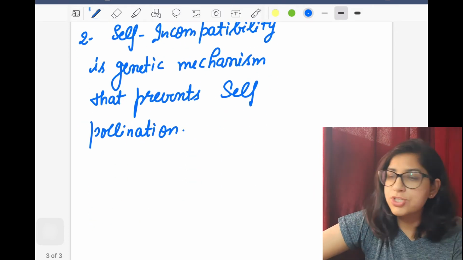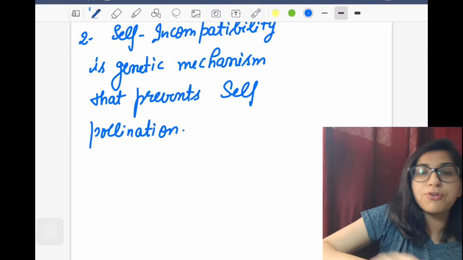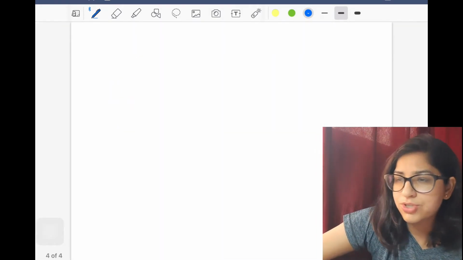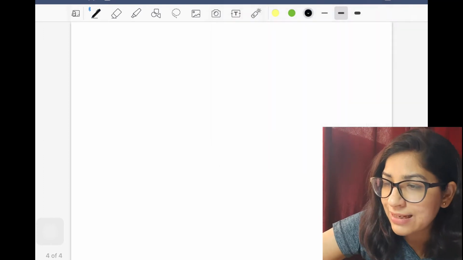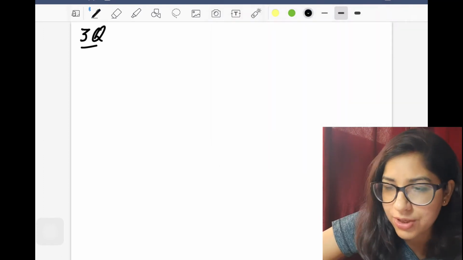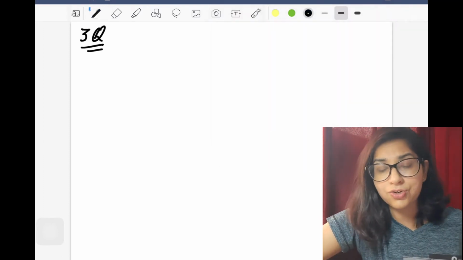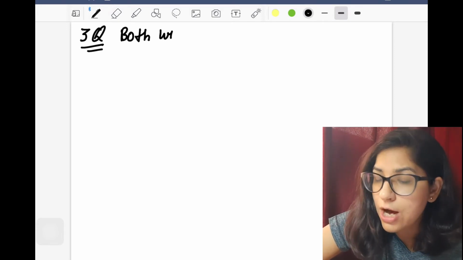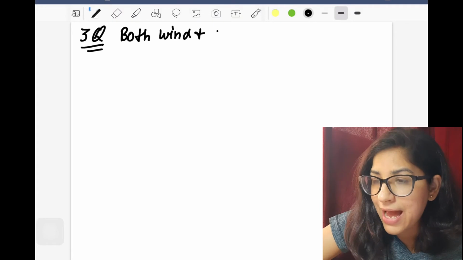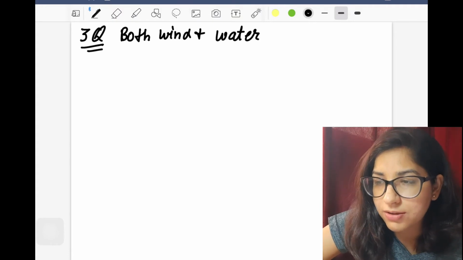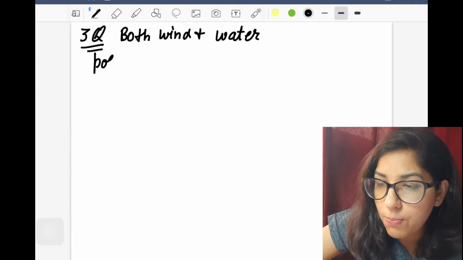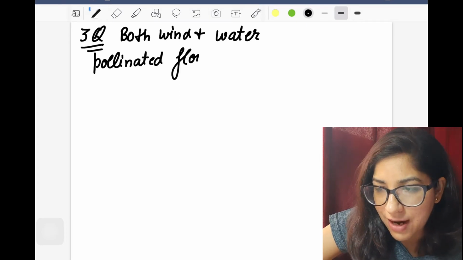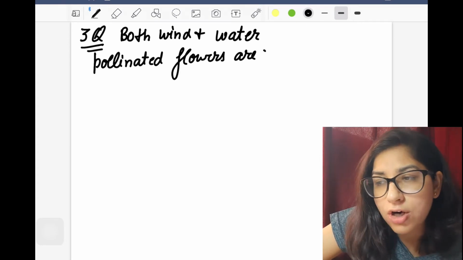The next question I am taking here quickly from anemophily, right? That is an NCERT question. See, I am not leaving a single NCERT question. I am going to revise every single NCERT question in my assignment. So here quickly let's write this down. Both wind and water, water being hydrophily, both wind and water pollinated flowers are not very colorful.